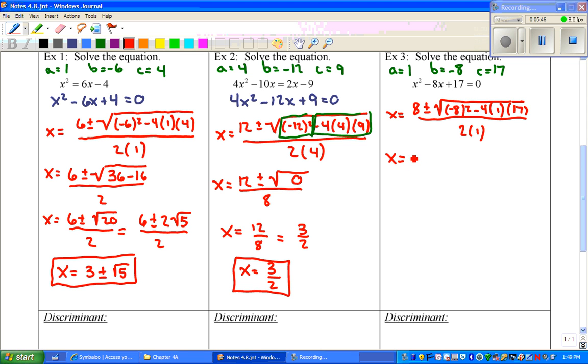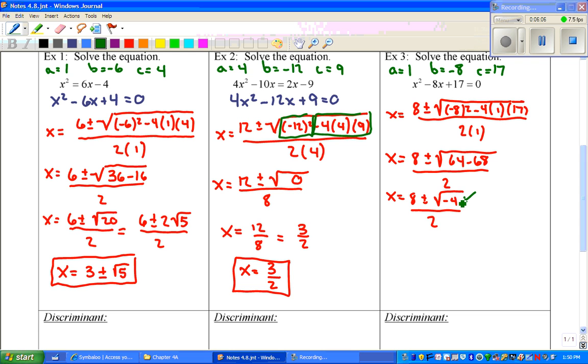We end up with x equal to 8 plus or minus the square root of 64 minus 68, all over 2. X is equal to 8 plus or minus the square root of negative 4, over 2. Now what happens here is this discriminant is a negative number.